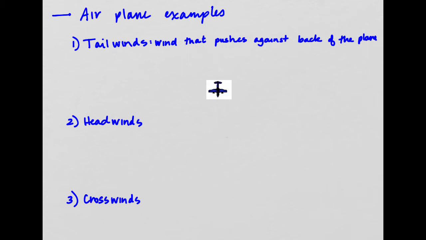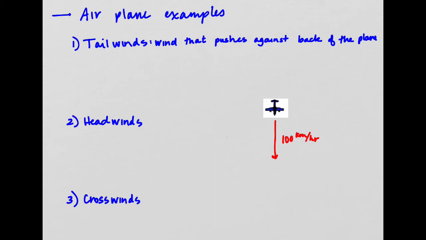So our plane's engine is pushing the plane forward at a velocity of 100 kilometers per hour in the exactly south direction.